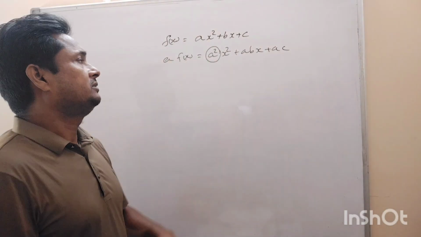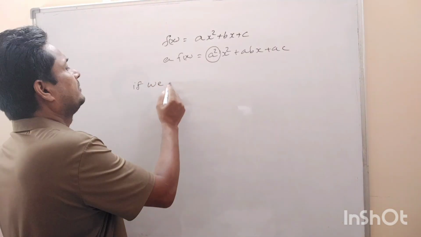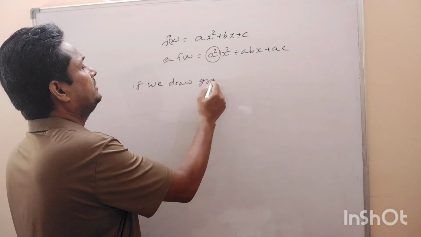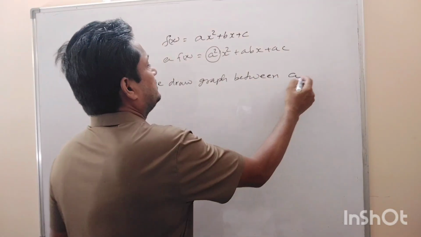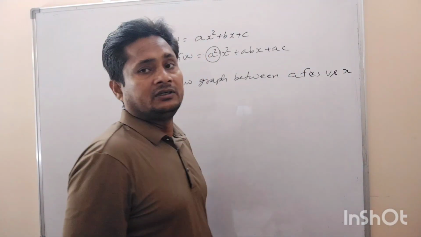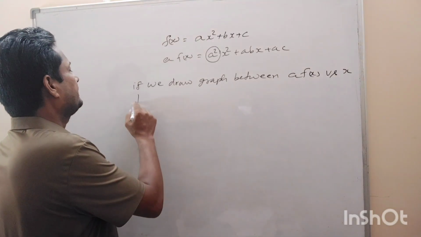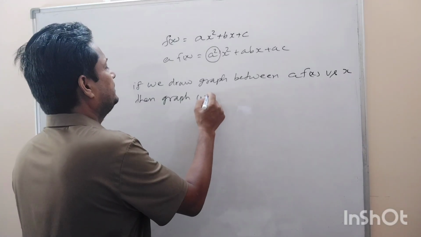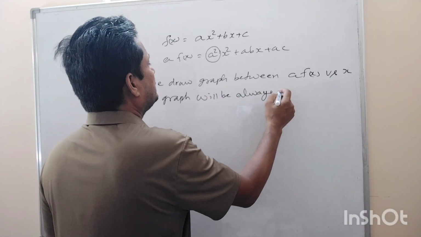So if we draw the graph between a times f(x) versus x, then the graph will always be an upward parabola.